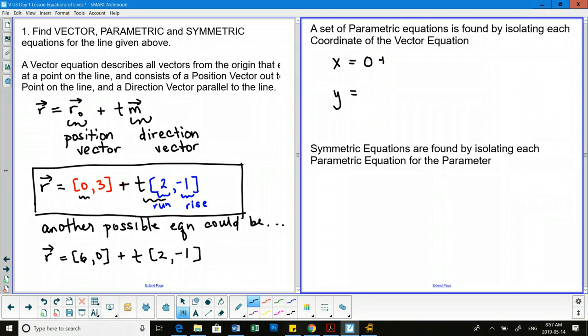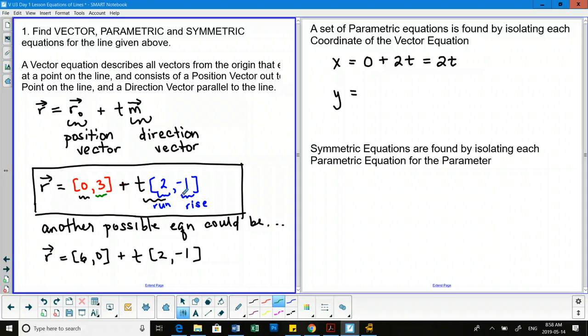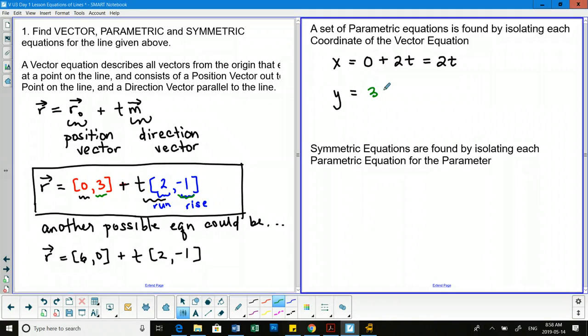And of course I don't really need to put the 0 there, so I can just say x equals 2t. And then for y, I'll have the y components with that parameter t as well. So it will be 3 minus 1t for y. You'll see here that the components are broken up in terms of x and y. These first values are our position vector points, x and y.